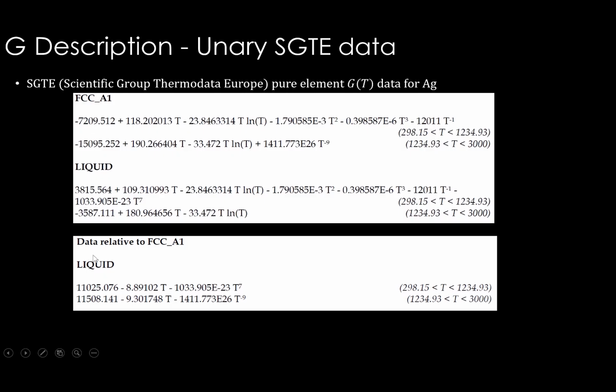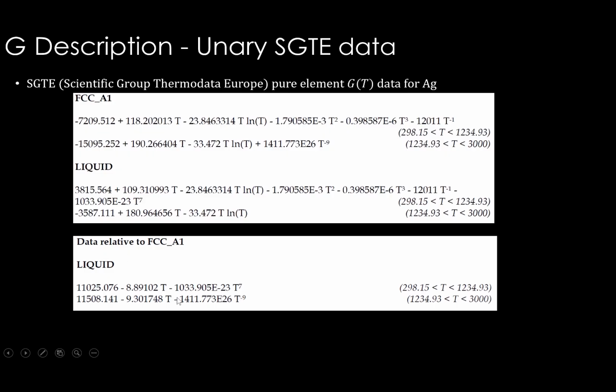So it means expressing another phase's Gibbs energy data relative to FCC A1, meaning this value is assumed to be 0. If this is assumed to be 0, then from here this data is about 11,000 away, right? So if this 7,200 is going to become 0, then this 3,800 is going to become 11,000, right? So it's basically moving the scale. That's what data relative to FCC A1 means.